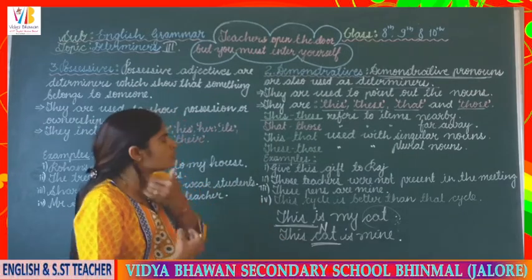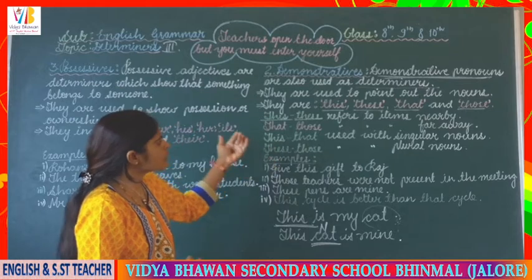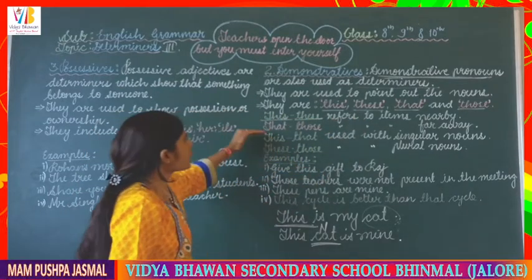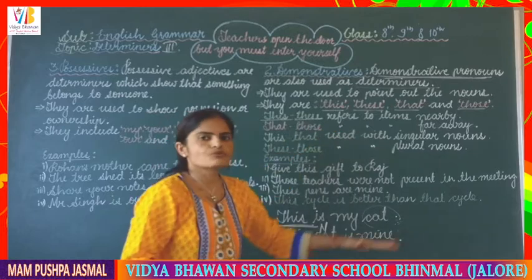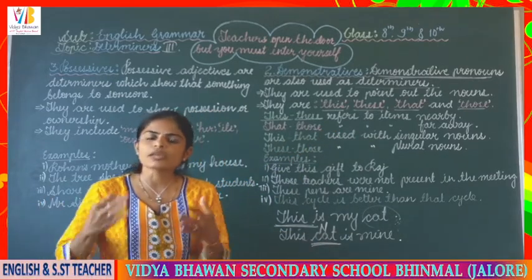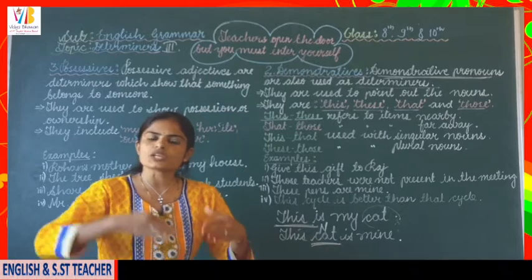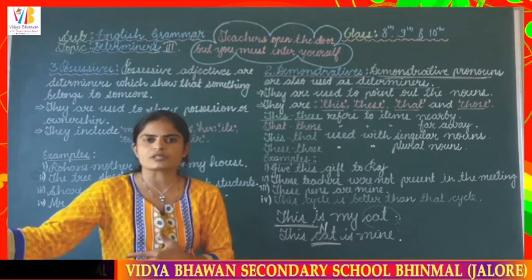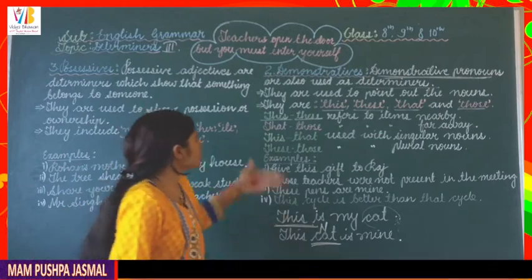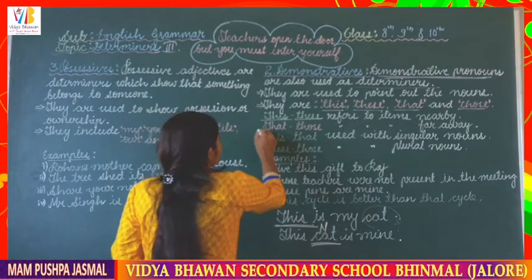That and those are used for far away nouns: the noun, whether a thing, place or person, that is at quite a distance from us. In that situation we use that and those.